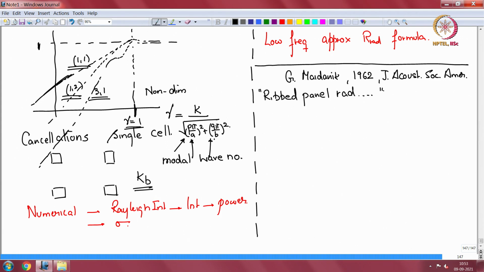So there also a power integral, an acoustic power integral, is formulated in a very different manner, so that it's convenient for approximations, closed form approximations.